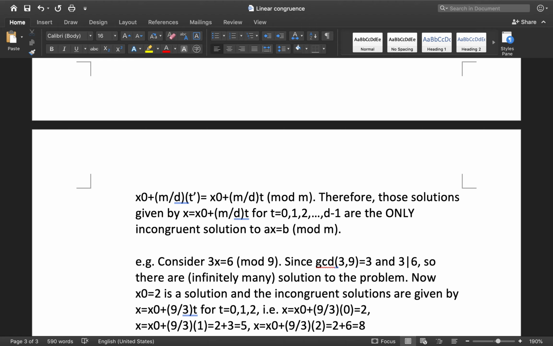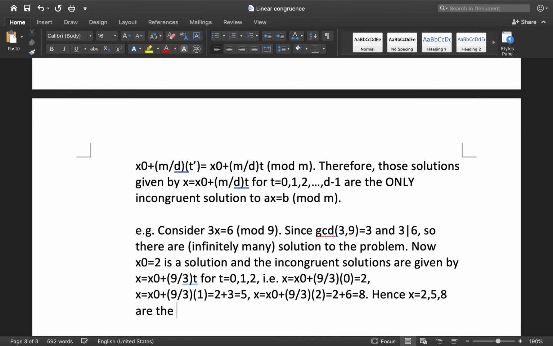All other solutions will be congruent to these three solutions. Hence x equal to 2, 5, 8 are the only incongruent solutions to the problem.